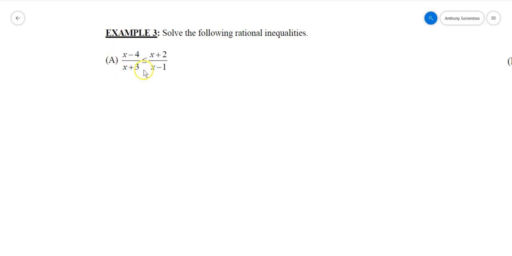When I cross multiply, that means essentially I'm multiplying both sides by x plus 3. If I multiply both sides by x plus 3, if it's positive, nothing's going to happen to that inequality. If it's negative, it's going to change the inequality around, and that's going to start changing whether or not I interpret it as an and statement or as an or statement.